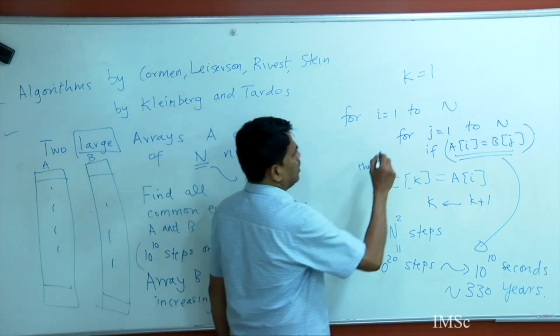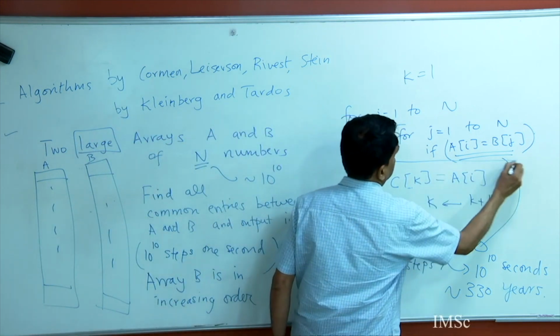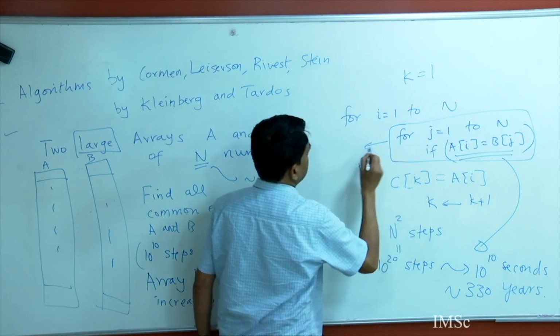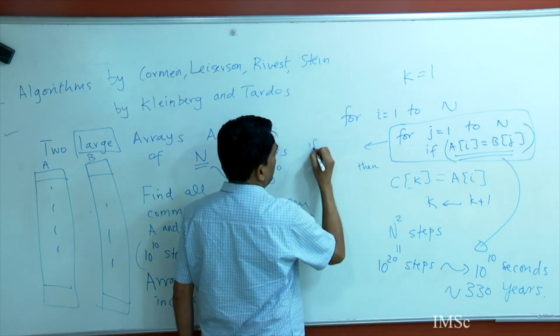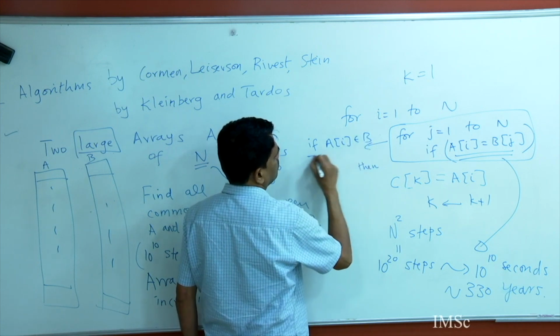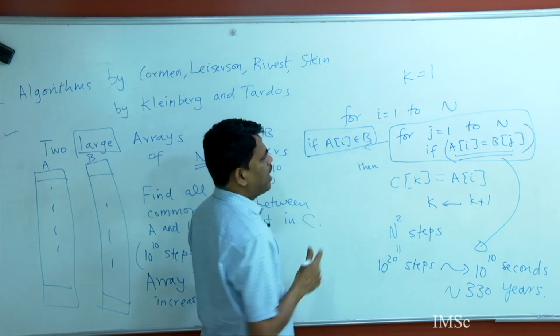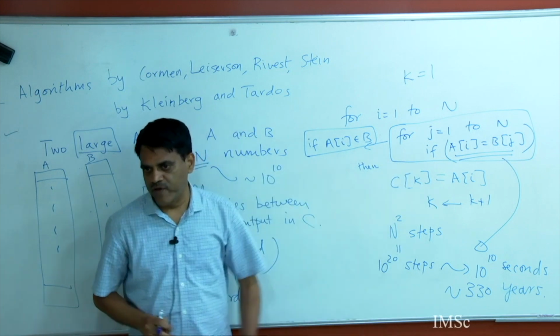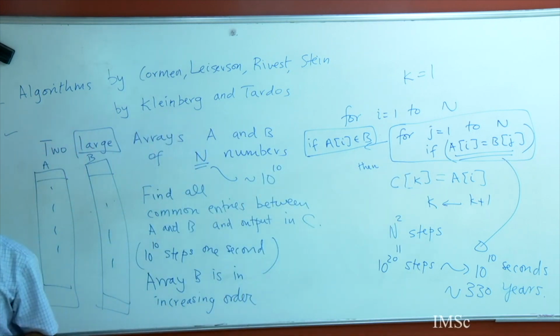What was this question? It was whether A_i is in B. You wanted to check if A_i was in B, and this was the way we expanded it. But now if I tell you that my array is in sorted order, can I do better? What can you do?